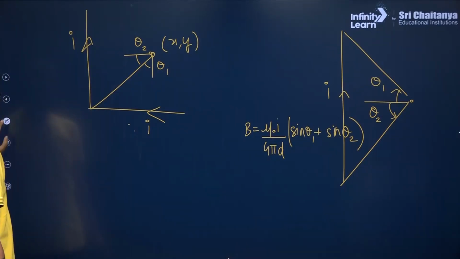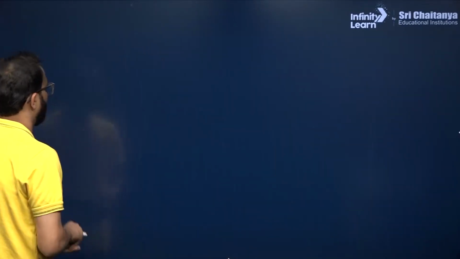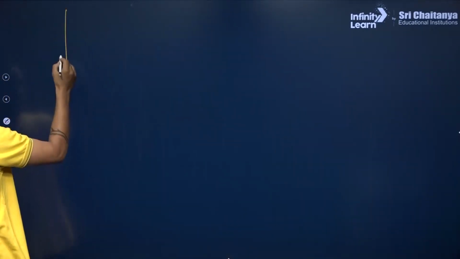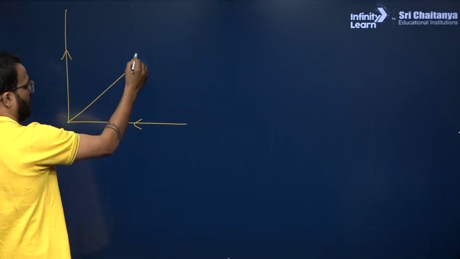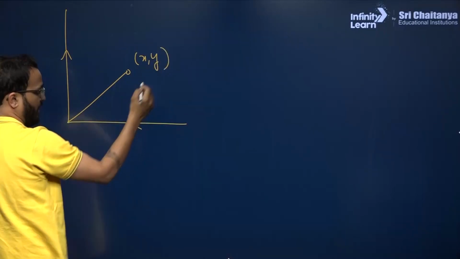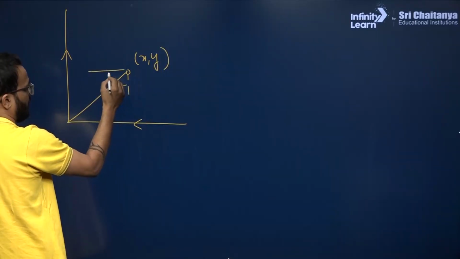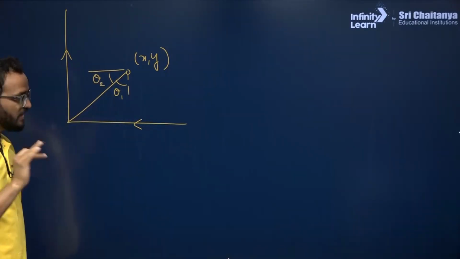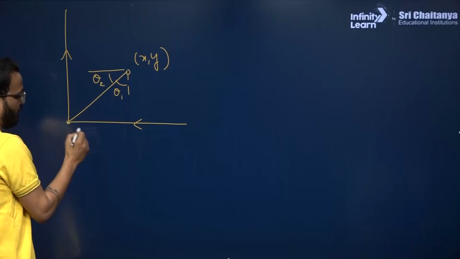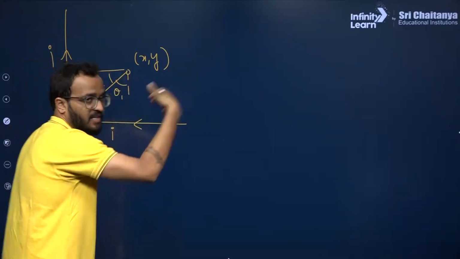Okay. So what we will do is, let's take this and this. This is x comma y, theta 1, theta 2, right? Now listen to me. For this particular wire, the other end is at infinity.